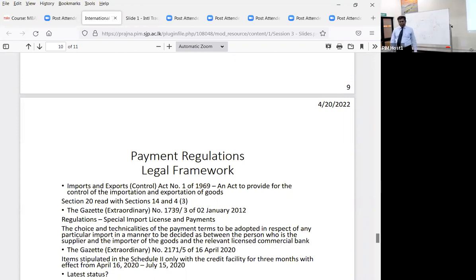So these are the activities. Now, coming back to your problem: the LC is open, but number 8 is not happening. Number 8 is not happening because the dollars are not going to the beneficiary bank, because of our problem.